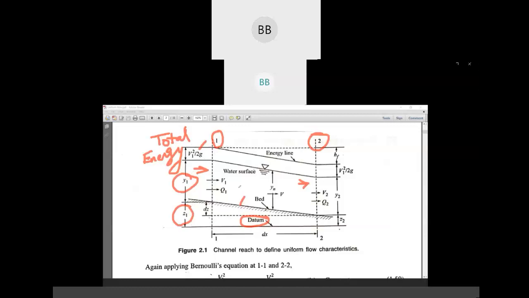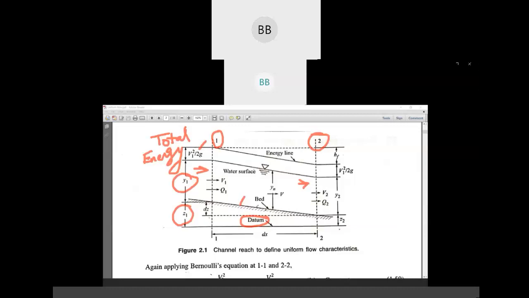If you see, when the water flows from the higher elevation, section 1, to section 2, during that process there is a loss, head loss due to friction, because the velocity we are getting here may vary because of this friction.